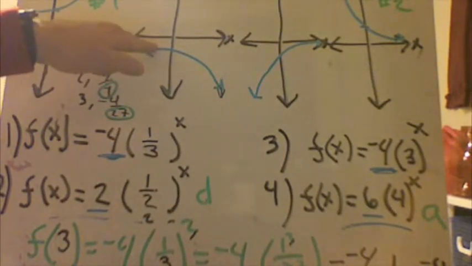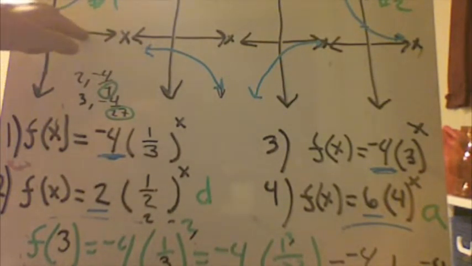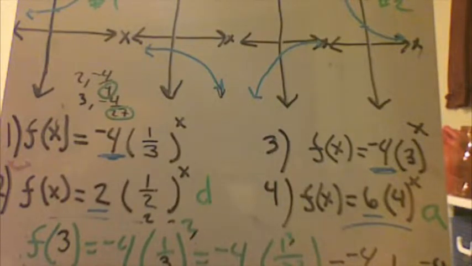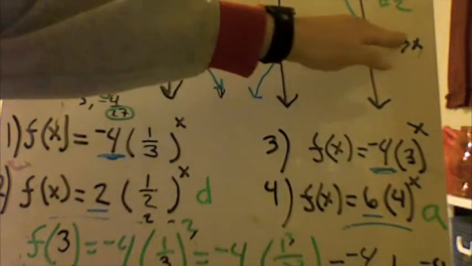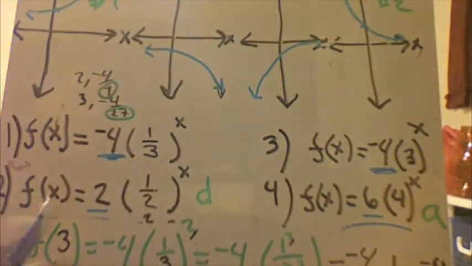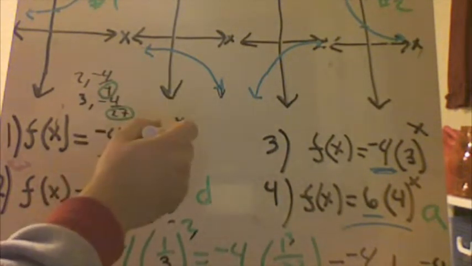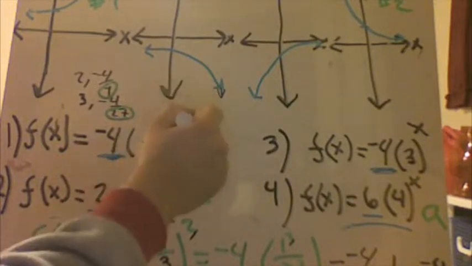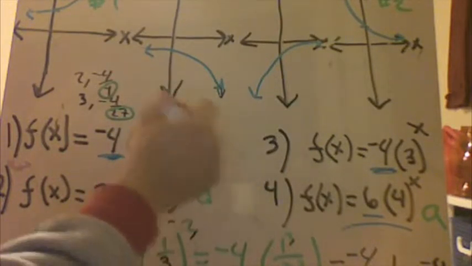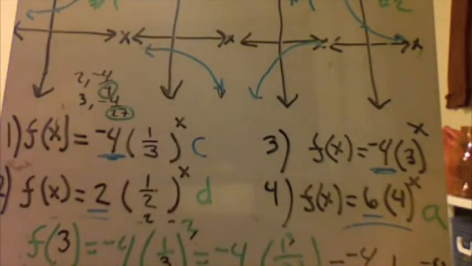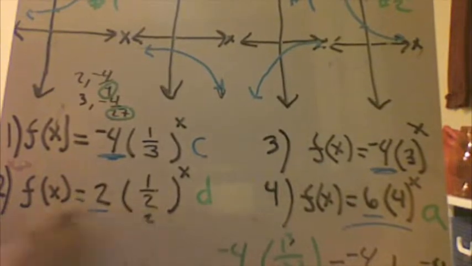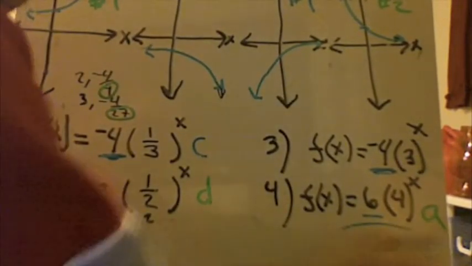Same is true here, and here, and also here. So this one here, I'm going to associate with number C. I know this is probably difficult to read. You might have to watch this one a couple of times, and it's not exactly short.